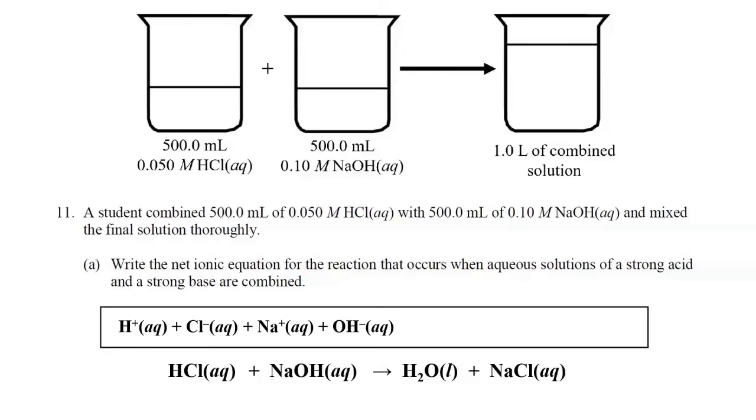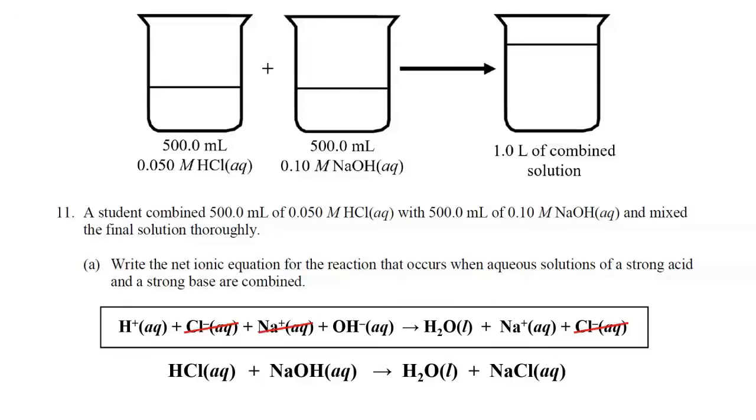And on the right side of the equation, water is a covalent molecular substance, so I'm not going to split that up. But sodium chloride is an aqueous ionic compound, and I would split that up into Na+ and Cl- for an ionic compound in aqueous solution. Let me cross off my spectator ions on both sides. So I see chloride on the left, chloride on the right.